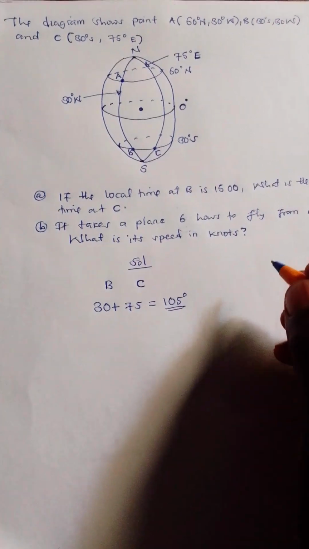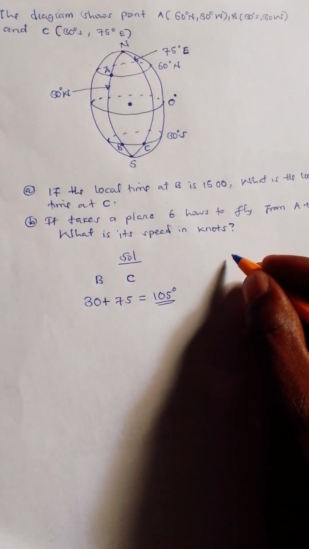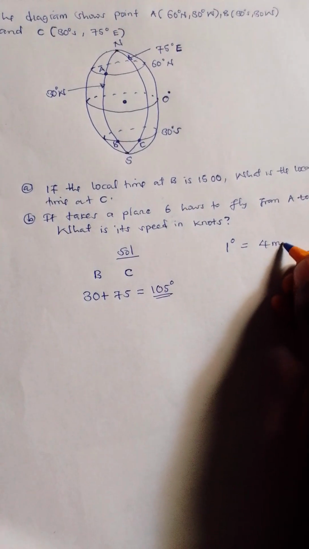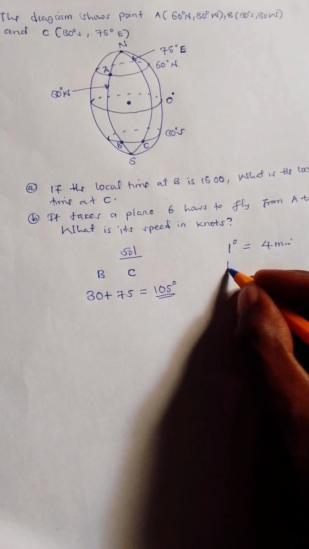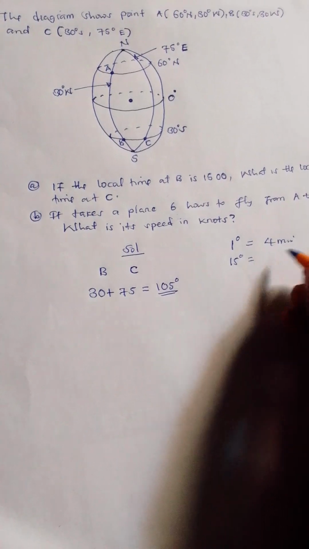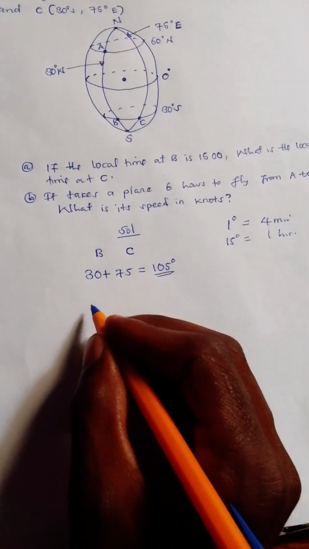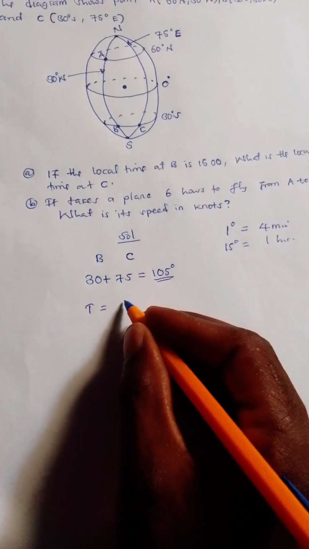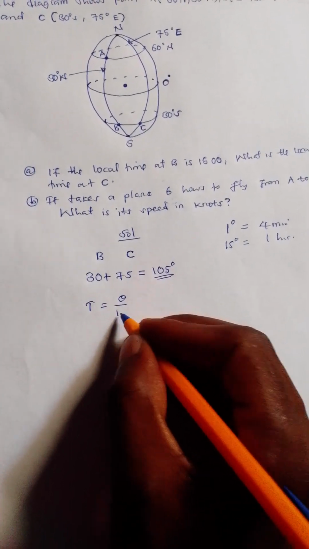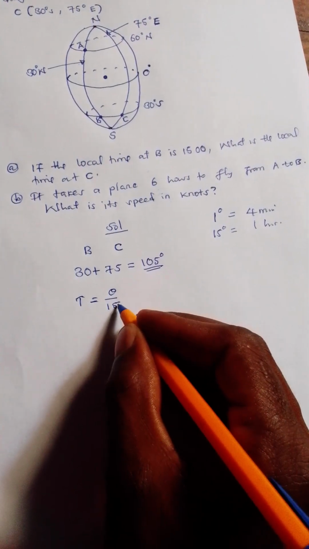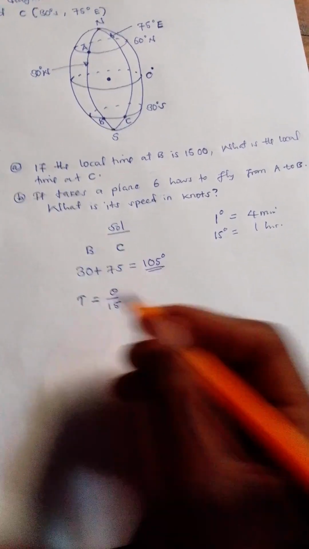We should always know that 1 degree is equal to 4 minutes, but 15 degrees is equal to 1 hour. So if we use our formula, time is equal to theta divided by 15 degrees, since we are calculating time in hours.